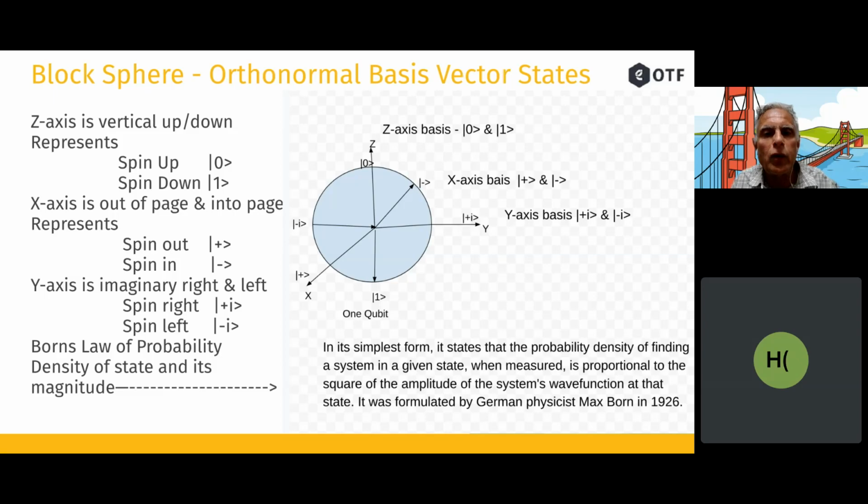But at this time, we are focused on just one qubit on an orthonormal basis vector state. Why orthonormal? Because everything is a unit vector and it is in a state which is represented by k0 or k1 only, for most of the time, for the purpose of quantum computation.